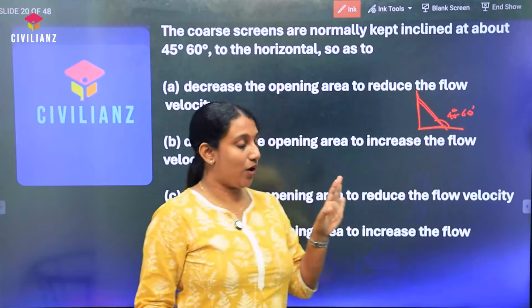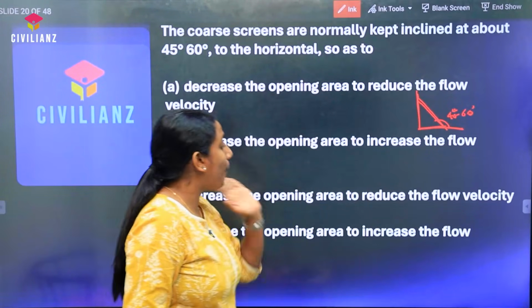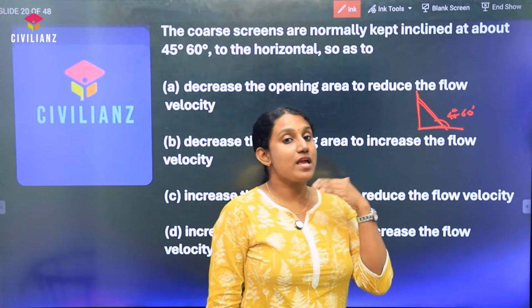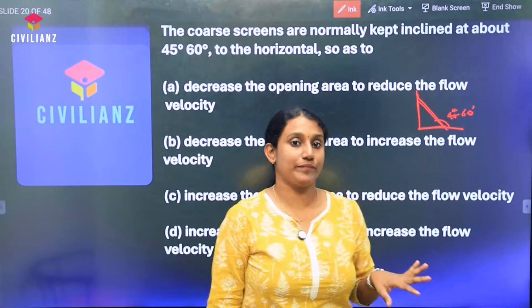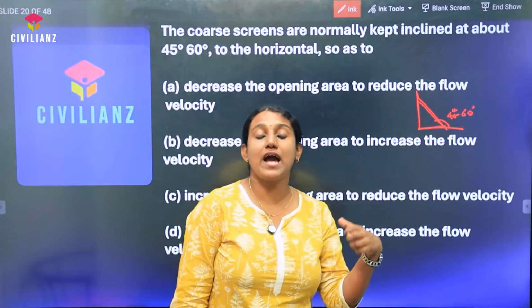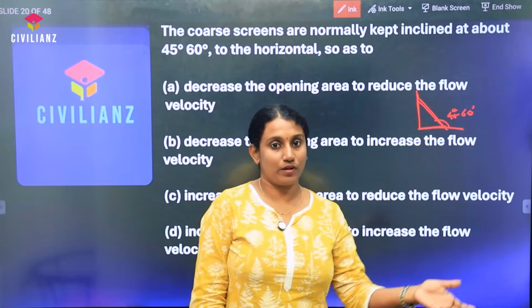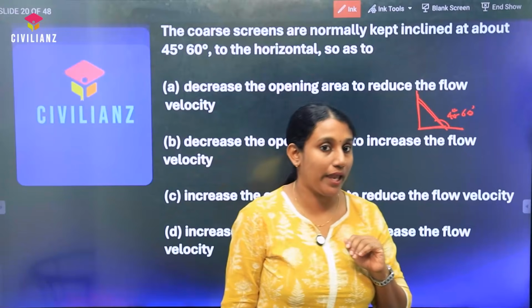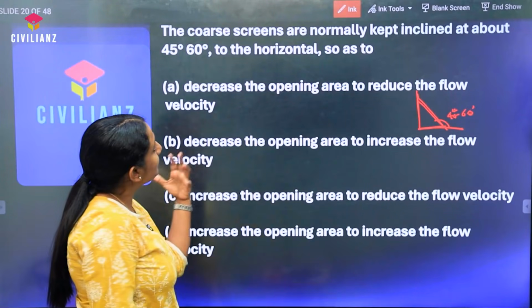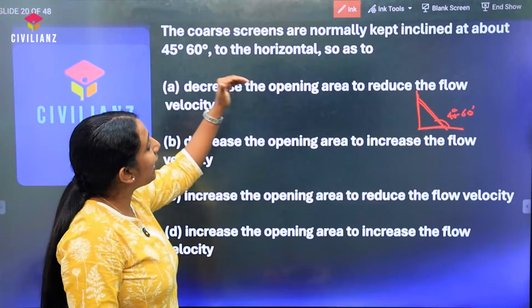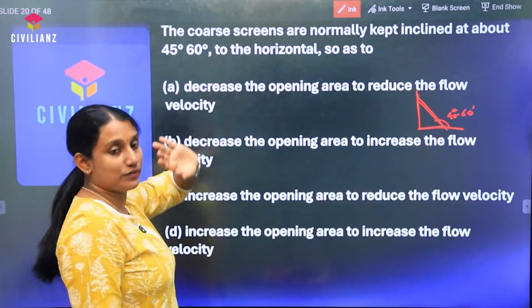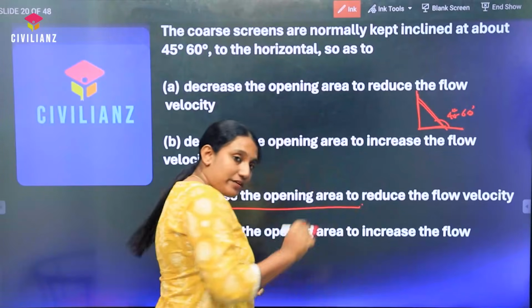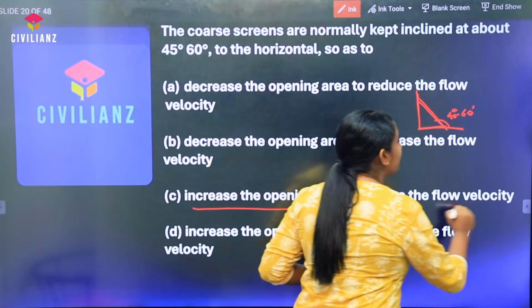Increasing surface area. That means increasing the open area to reduce the flow velocity. That will increase the efficiency of screening, because we can remove more particles from the screen. That is the principle behind the inclined position: we keep the incline at about 45 to 60 degrees, which increases the opening area or surface area and reduces the flow velocity.